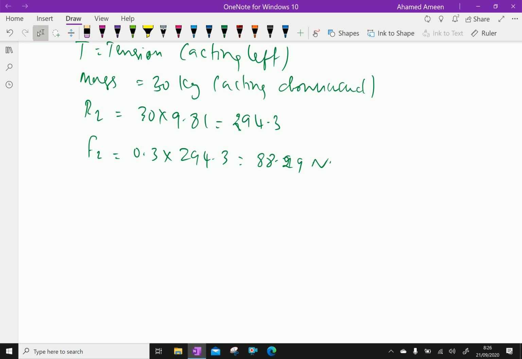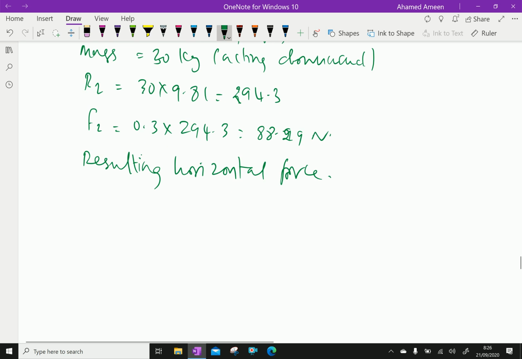Then the resulting horizontal force is P2 equals tension minus F2, because tension is on the left side and frictional force is on the right side, which gives T minus 88.29 Newton.